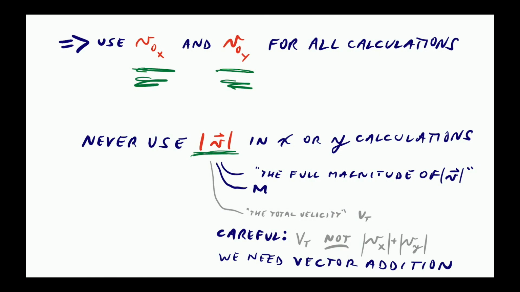If you want to use that notation to express the speed of a vector, the magnitude part of the vector, be careful that if you're ever trying to combine components together, it's not just, as I show here, take the magnitude of x and y components and add them together to get a total.